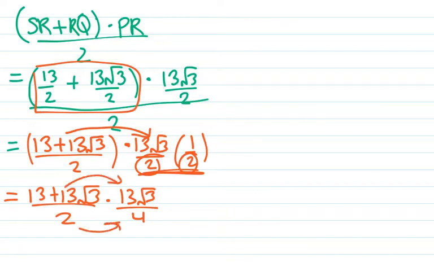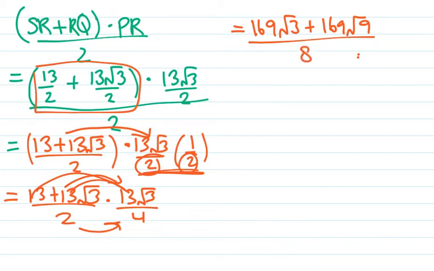Now I'm going to multiply numerators and multiply denominators. So 13 times 13 root 3 is 169 root 3. And then 13 root 3 times 13 root 3 is 169 root 9. And then the denominators are 2 times 4 is 8. All right, so I can simplify this root 9.